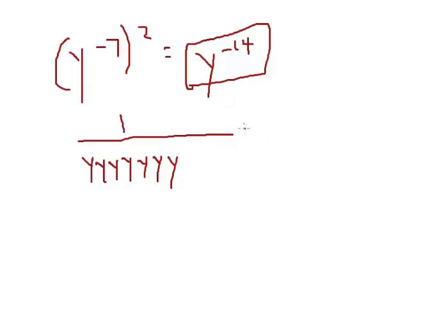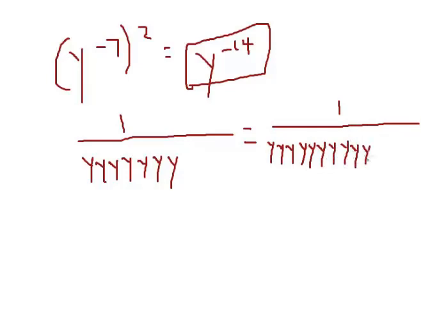You're making two of them, which means that's really the same thing as saying 1 over y, because 6, 7, 8, 9, 10, 11, 12, 13, 14, which is the same thing as y to the negative 14th.